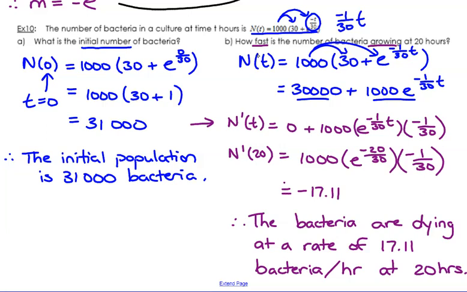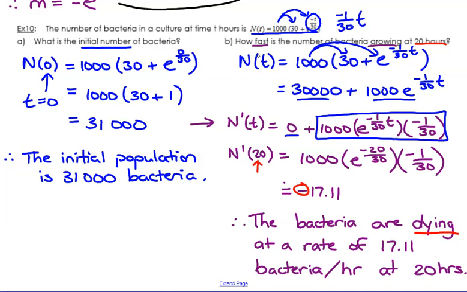So the derivative of the 30,000 is just going to be 0, and then taking the derivative of the second part is right here as a chain rule. So since they wanted it at 20 hours, I'm then going to sub in 20 into my t, and I get my answer. So at 20 hours, because it's a negative, these bacteria are dying.